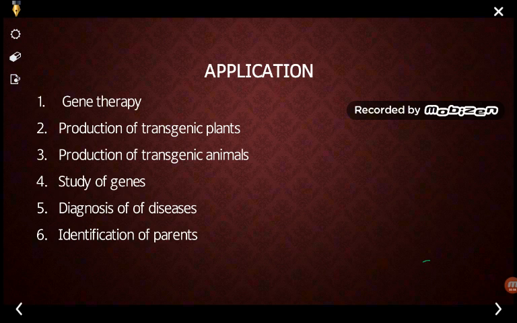There are many applications under this recombinant DNA technology, and it is one of the very important methods, which is now applied in many fields. First one is gene therapy, second one is the production of transgenic plants. In order to produce new plants, transgenic plants or disease resistant variety plants, we can apply genetic engineering.